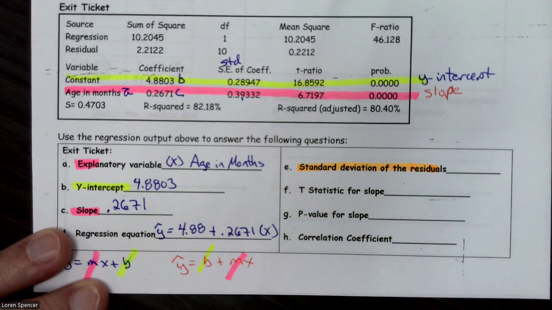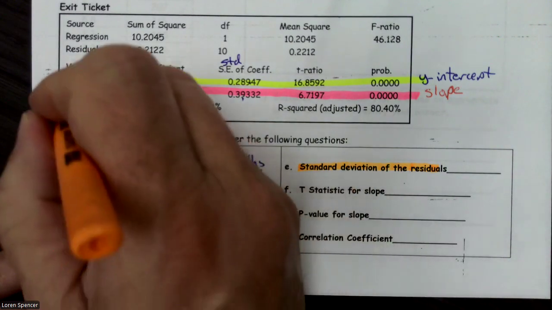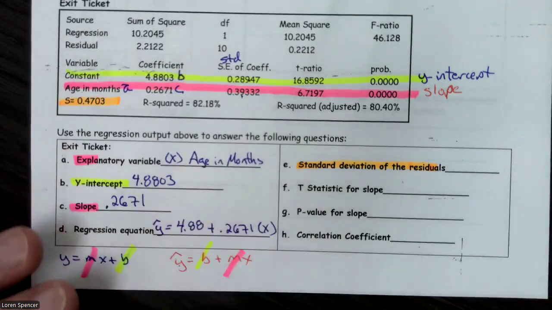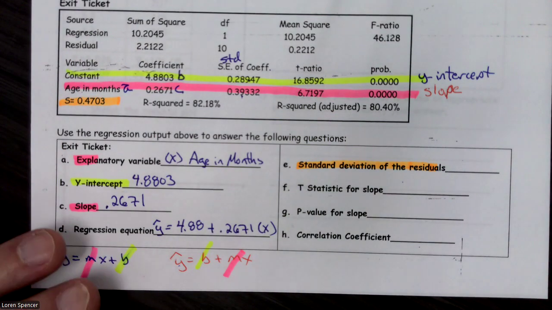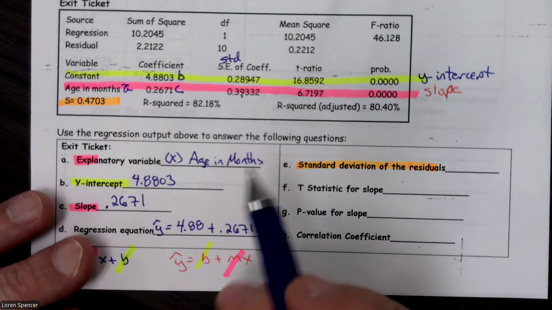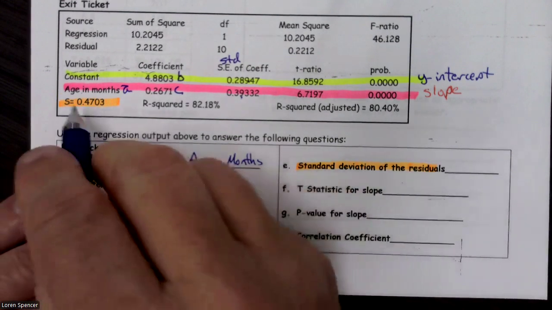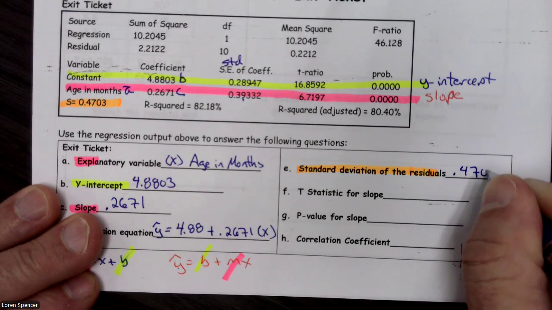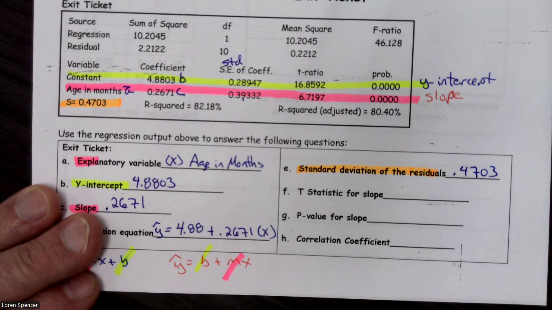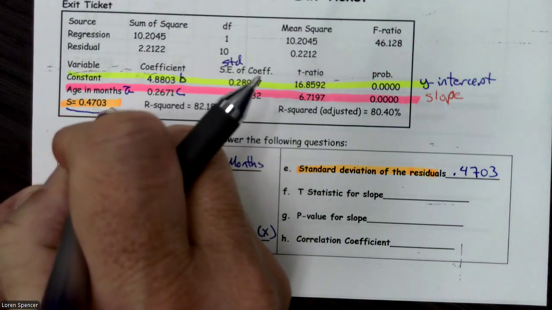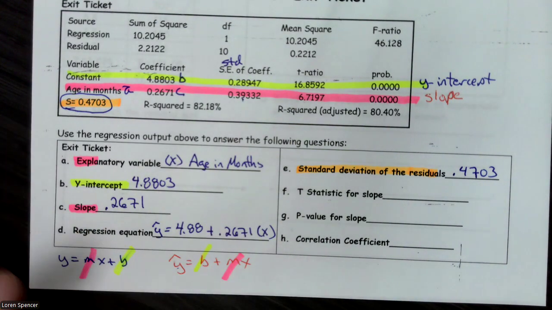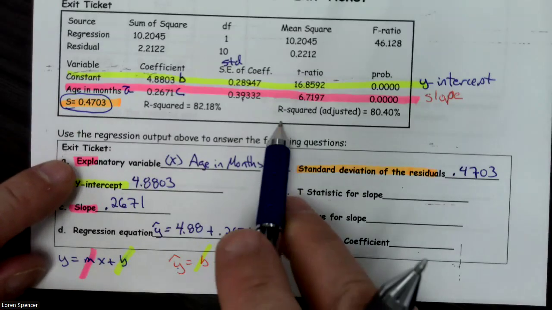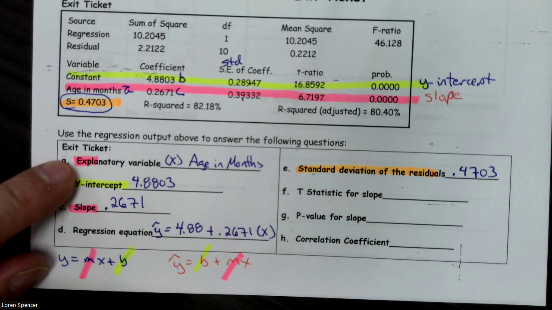The standard deviation of the residuals is given by a capital S, and it talks about the amount of variation we can expect. In this case, we have 0.4703, and that comes from right here. That big S can be in all sorts of different places, but look for the big S. Big S is the standard deviation of the residuals.